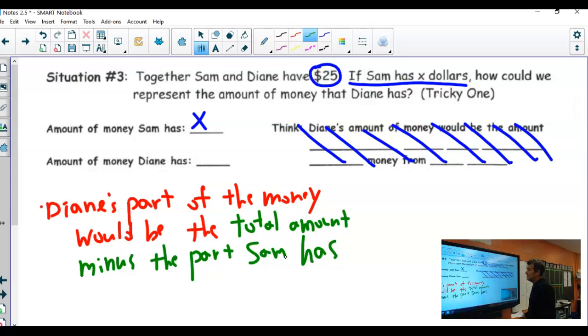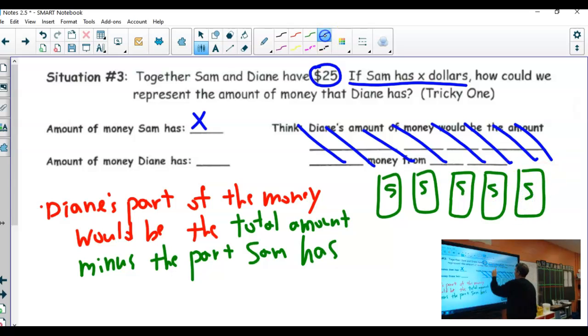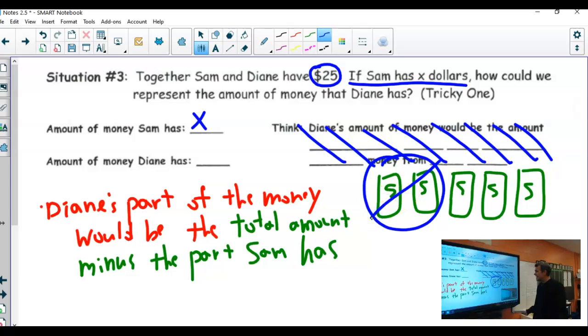so how much does Sam have? Sam has X. So Diane would have the $25 minus the part Sam has, right? Like if they had a bunch of $5 bills, and let's say that Sam has these two.